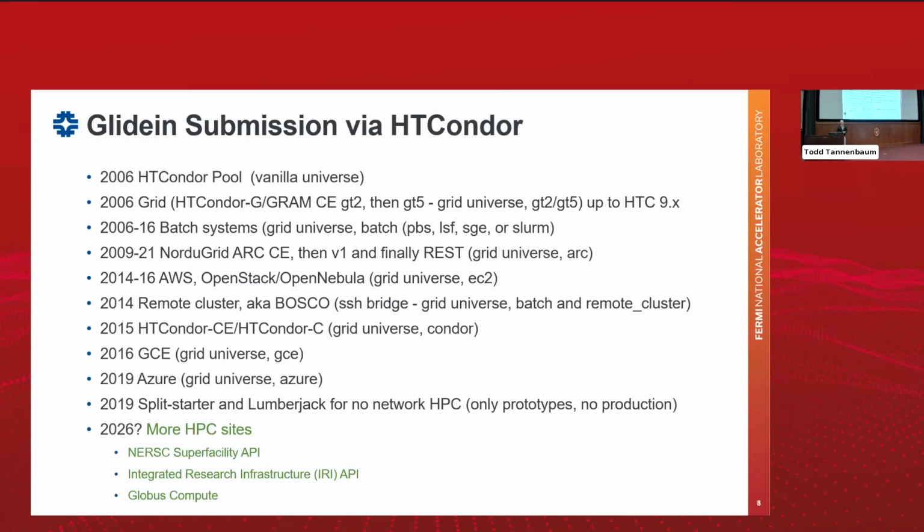Let's see all this a little bit in reverse order. First, different resources that we can submit. So from the beginning, we could submit to Condor, of course, and grid resources at the time, the Globus GRAM protocol, right?